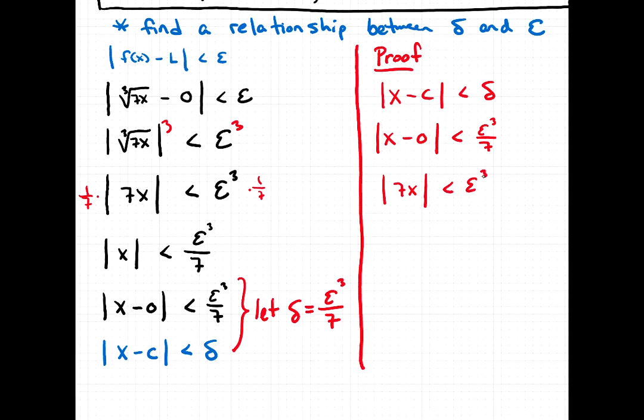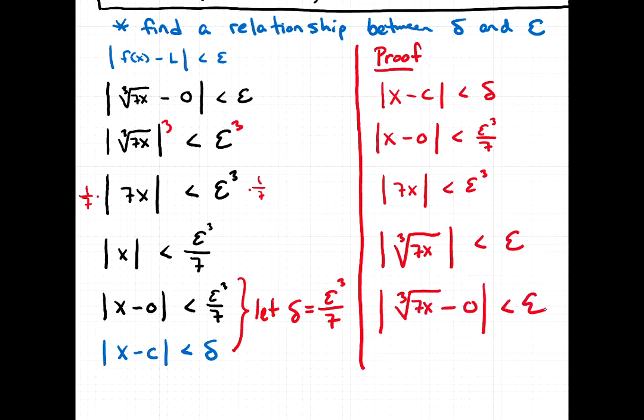Now we can take the cube root of both sides. The absolute value of the cube root of 7x is less than epsilon. And we can throw in the minus 0. The absolute value of the cube root of 7x minus 0 is less than epsilon. And this is our absolute value of f of x minus L is less than epsilon. So here's our proof.